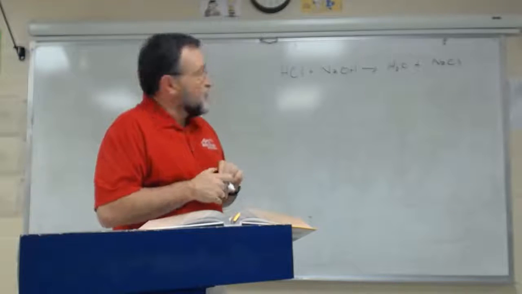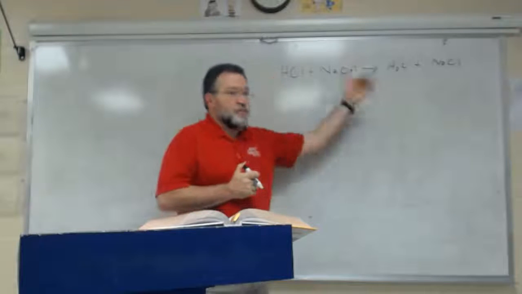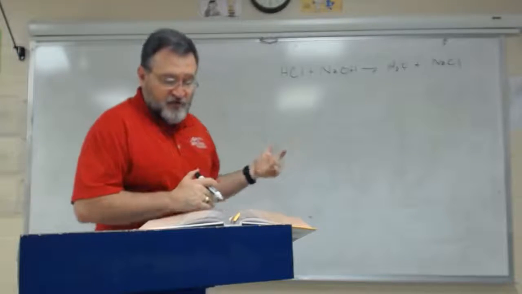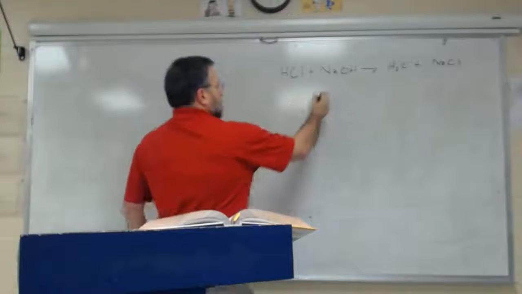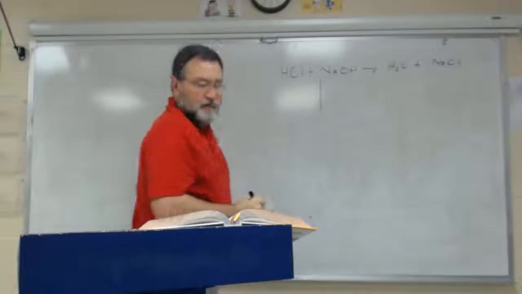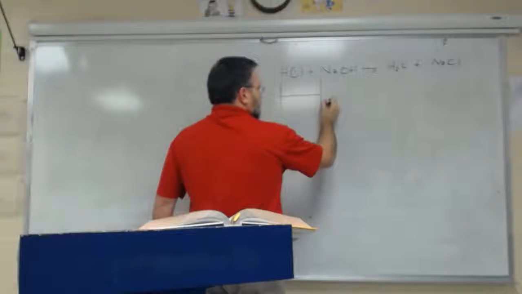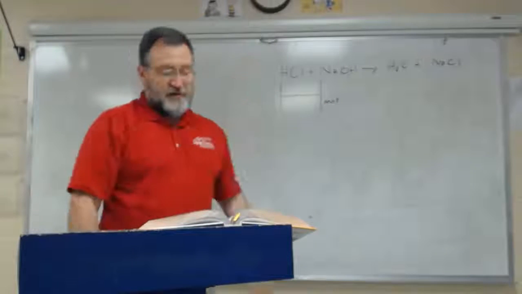Now that I have the basic balanced reaction equation, I'm going to go back to the problem and look for the particulars. The chemist needs to know the concentration of NaOH, titrating against HCl. The molarity of this is what I'm trying to find, the concentration of sodium hydroxide.